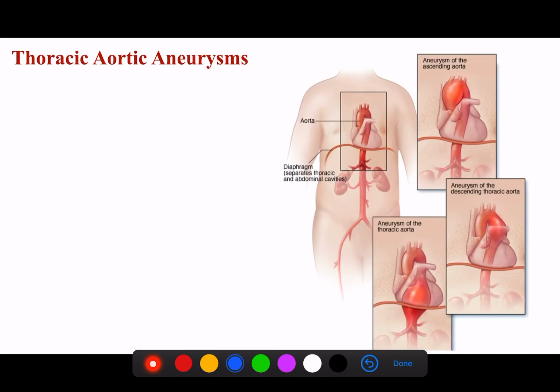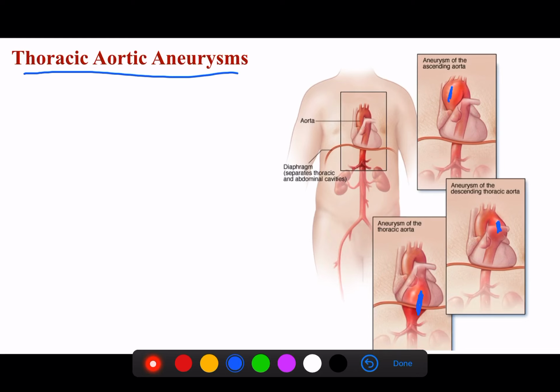The other important type is called thoracic aortic aneurysm. This aneurysm forms within the thoracic aorta, maybe in the ascending part, maybe in the descending part, maybe in the arch.